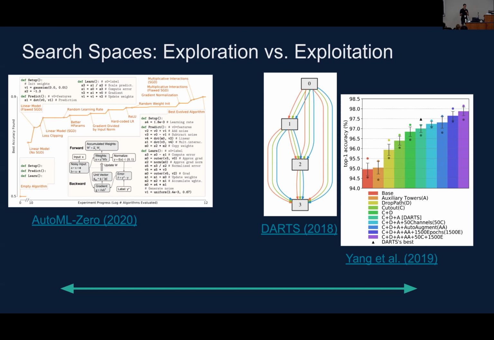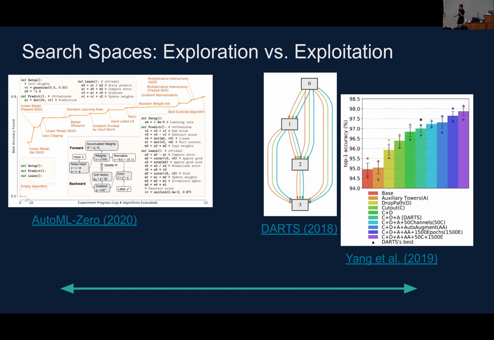On the other hand, I can give no human bias at all and have a very enormous search space, which might be truly novel, something I've never even thought of before, that works better. However, it's much more computationally intensive to run on such a big search space.